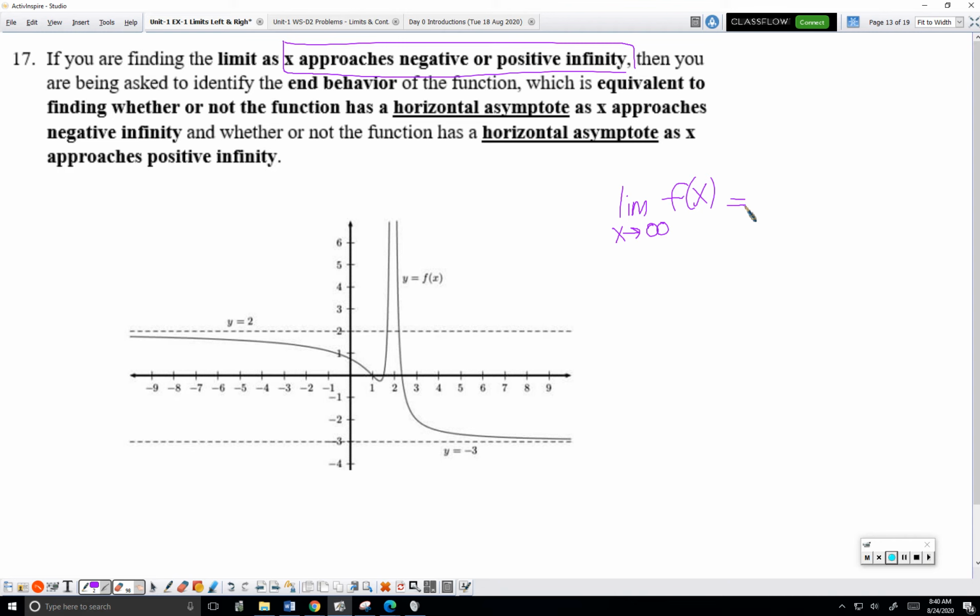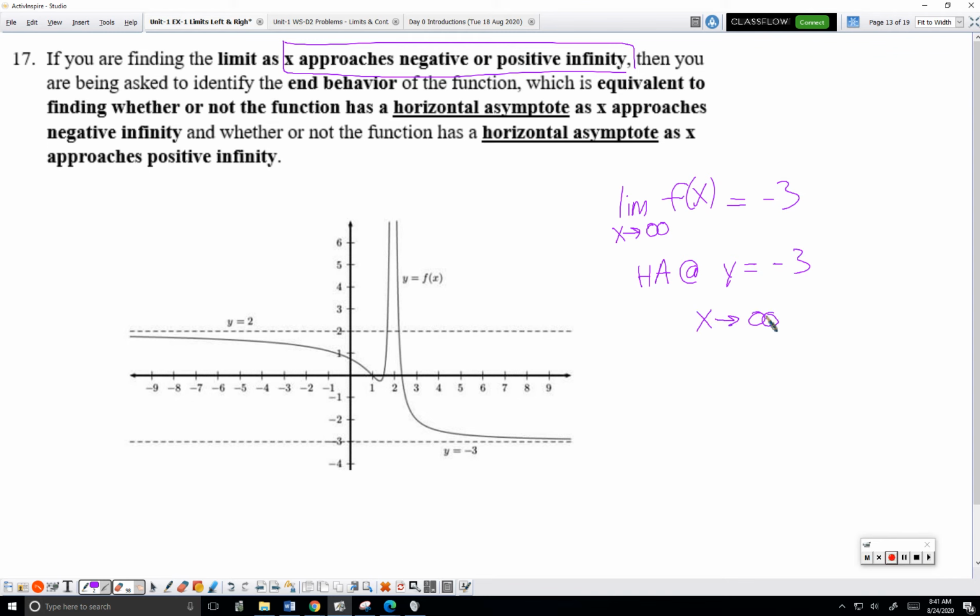You're just focusing on what the y-coordinate does when the x-coordinate grows forever. Based on this picture, as the x-coordinate keeps going this way, the y-coordinate is getting very, very close to -3. So this limit is -3, and I can declare that there's a horizontal asymptote at y equal -3 for when x is approaching infinity.